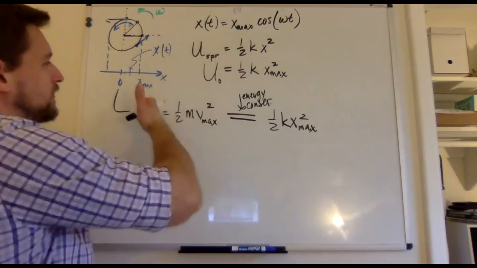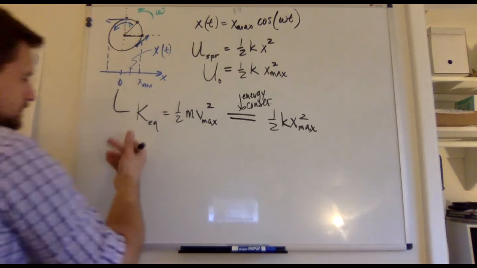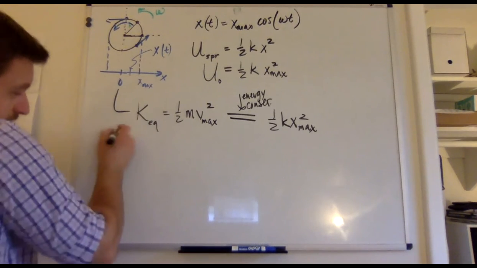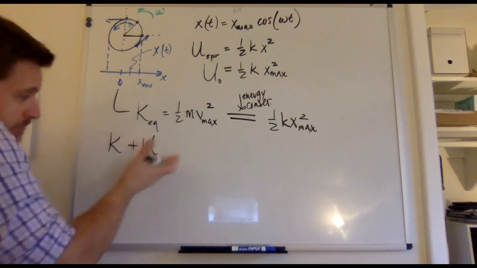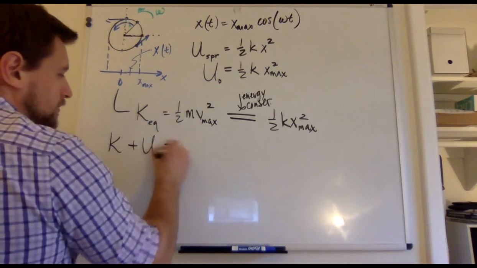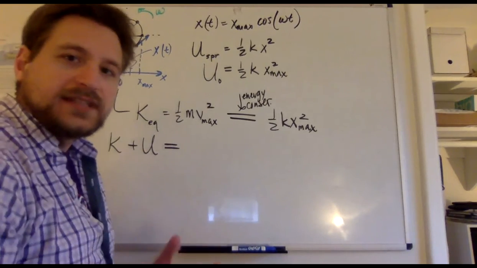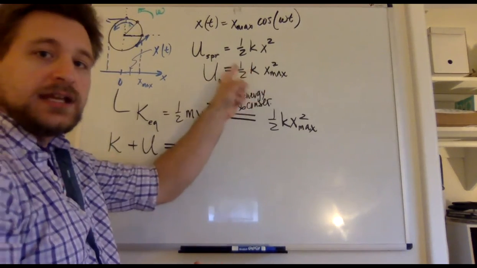How do these two things, the kinetic and the potential energy, relate at any old coordinate? At any old x coordinate, there's generally some kinetic and some potential at some spot. I don't know where. But together, they need to add up to the total energy that we have in the system. We know how much energy we started with. It's 1/2 k x max squared.